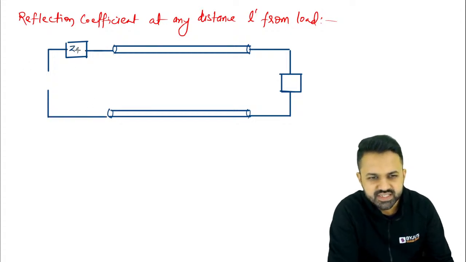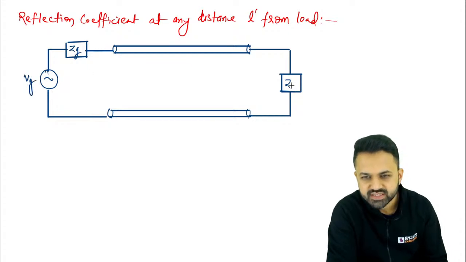That is Zg, this is generator Vg, and that is ZL.